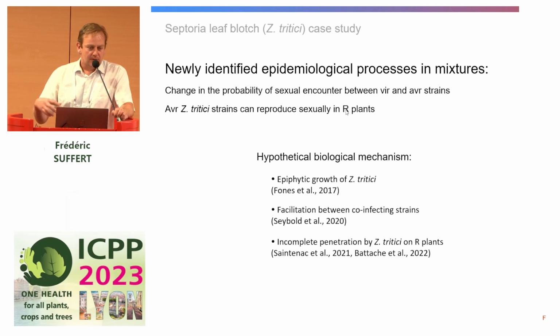So strains are able to reproduce and transmit the virulent or avirulent allele, although they are not infecting the corresponding plant. That can be due to different biological mechanisms that we are currently trying to work on.